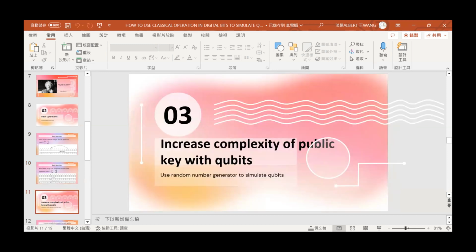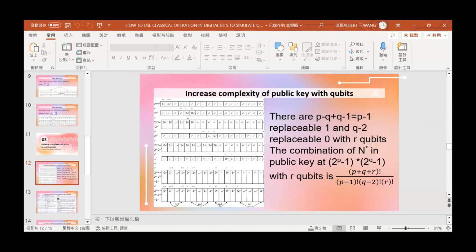The third part is increasing the public key with quantum bits. For example, we used a large public key of 2 to the power of p minus 1 plus 2 to the power of q minus 1 with r quantum bits.